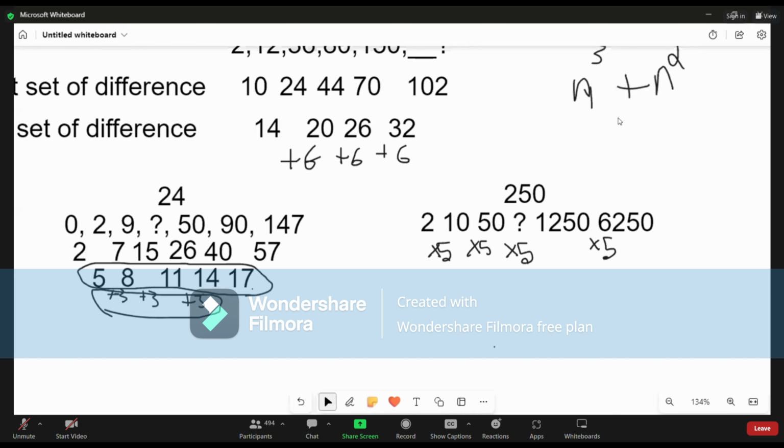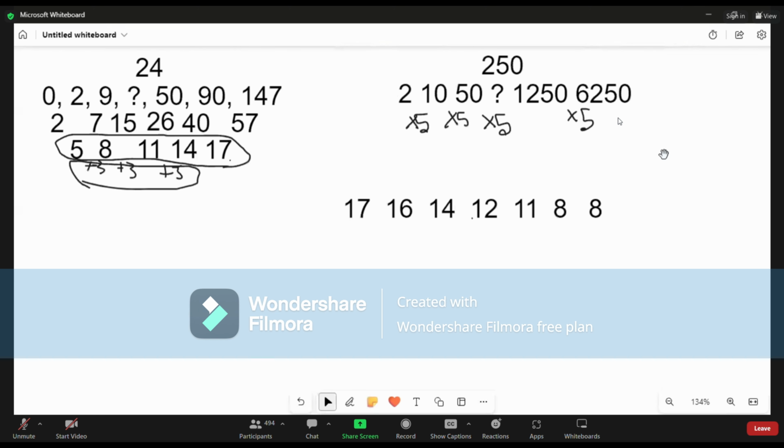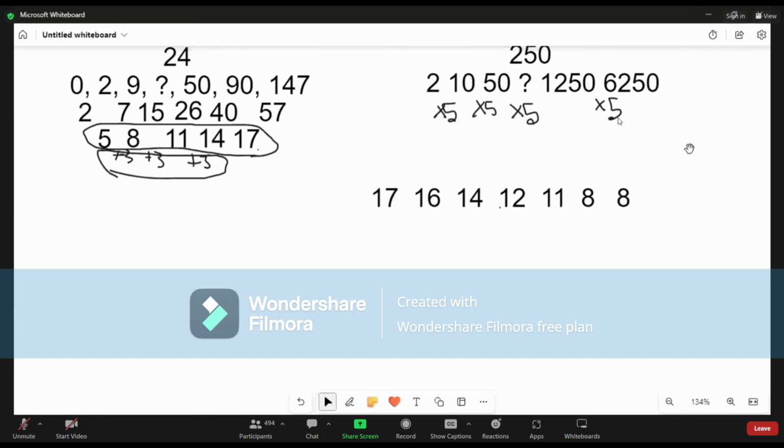this was your question. Also in this exercise, there is one more important thing that you have to check: the alternate numbers. Just check the alternate numbers. 17 minus 14 is 3, minus 3, and 14 minus 3 is 11, and 11 minus 3 is 8.